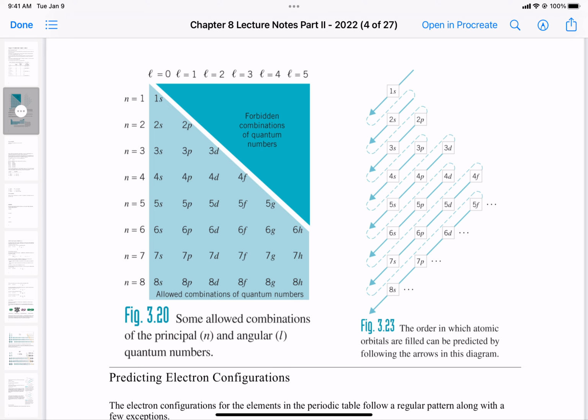It goes from 1s to 2s, so kind of the zigzag line right here. 2s to 2p, 3s, 3p, 4s, 3d, 4p, 5s, 4d, 5p, 6s, then 4f, 5d, 6p, 7s, 5f, 6d, 7p, then 8s, and so on.